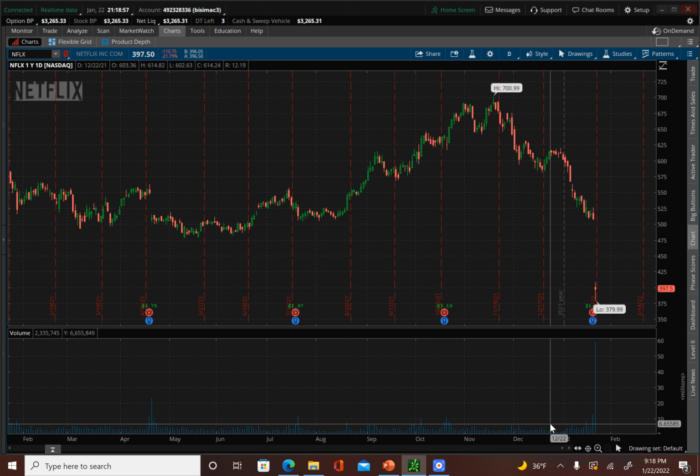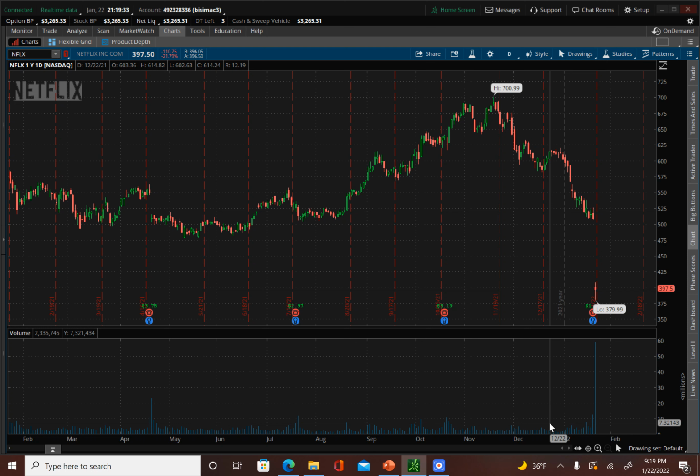Okay, so that's a way you can use volume as an indicator as to whether a move will stick. If the green days have higher volume than the red days, you can have a degree of confidence that the uptrend will continue. If you're in an uptrend and the red days start to have a higher volume than the green days, then you need to consider that and be like, okay, well, we might be getting ready for a significant pullback.